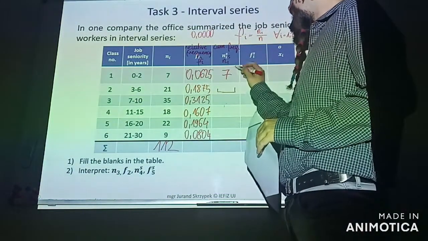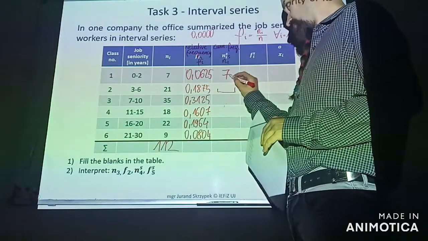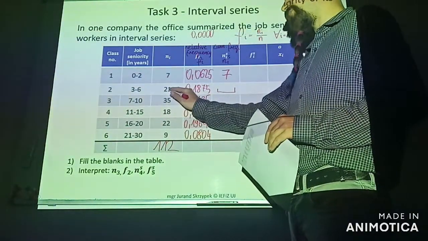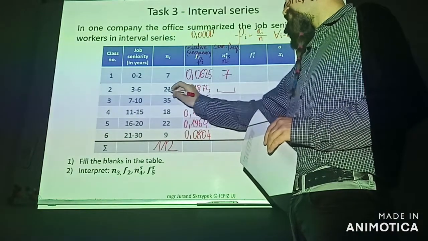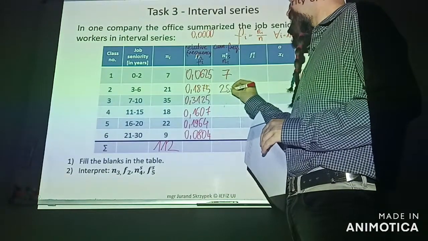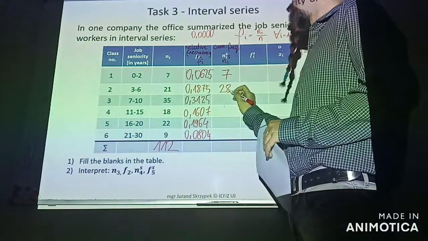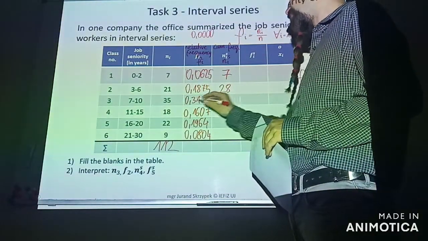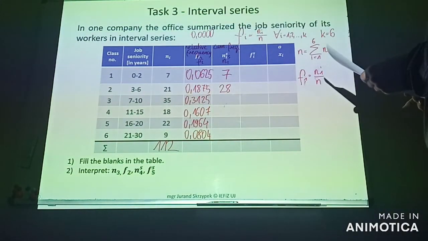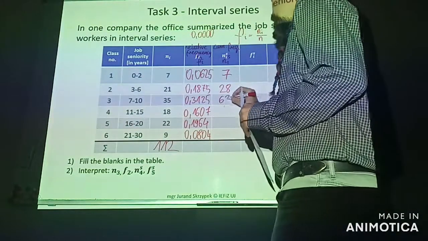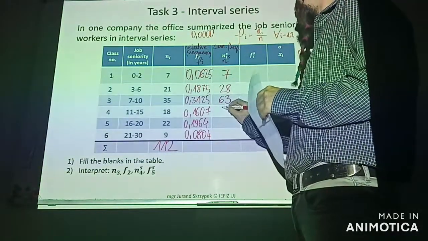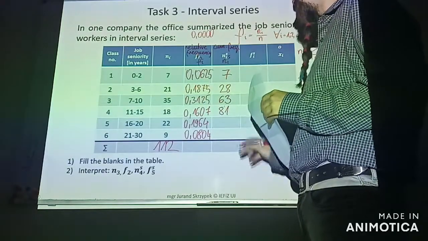We have to add the first cumulative frequency and the second frequency. 7 plus 14 is 21, 21 plus 7 is 28. Cross adding. 28 plus 35 is 63. 63 plus 18 is 81.